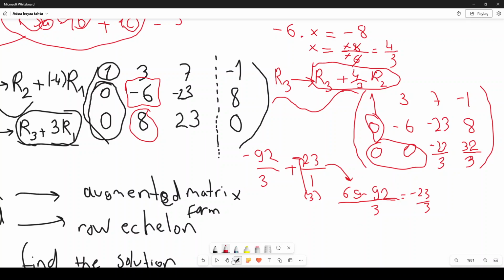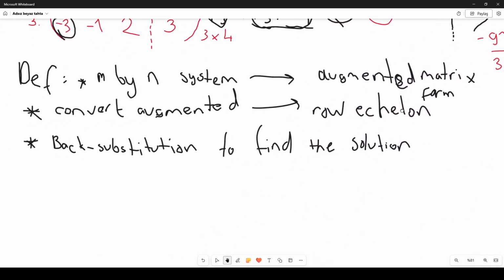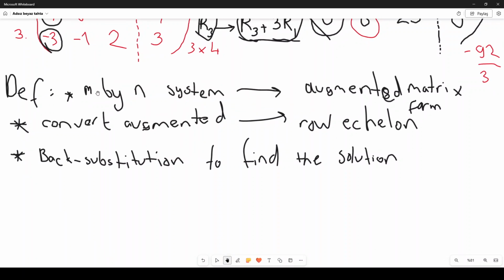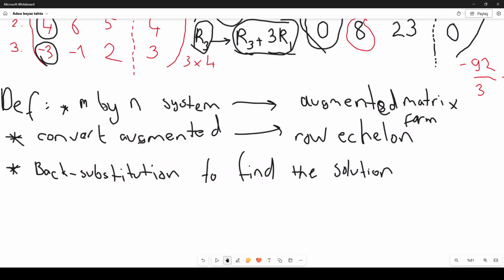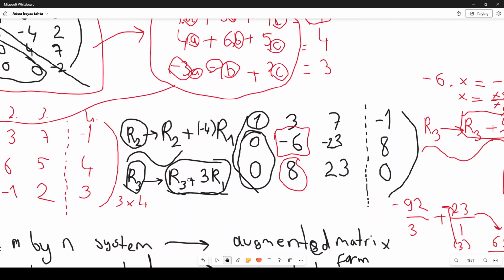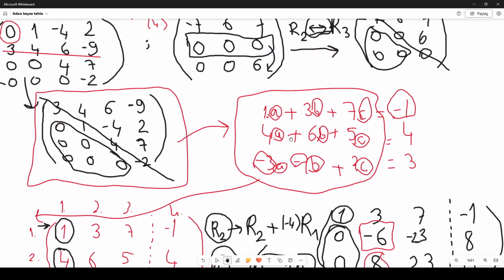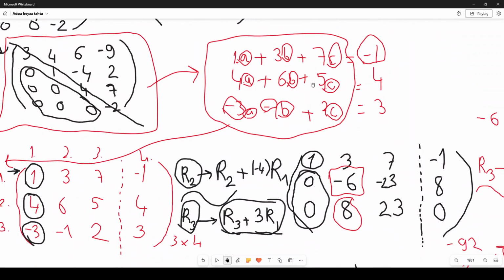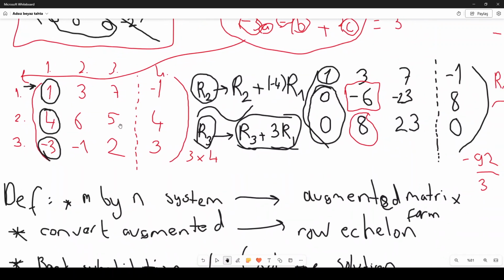All right, then let's look at the steps that we need to follow. We need to first convert our n by n system into an augmented matrix form, as we did, right? So we have a system in the original version, and we convert it into its augmented form. We check to see if this augmented form is in row echelon form, and we notice that it is not.